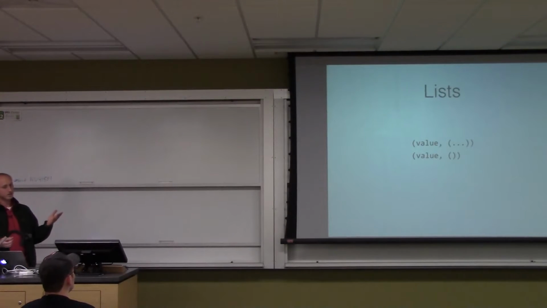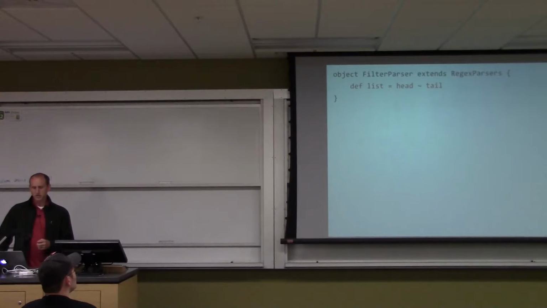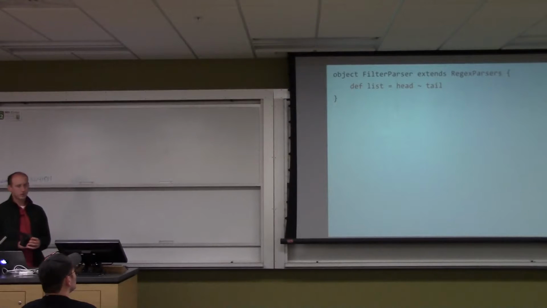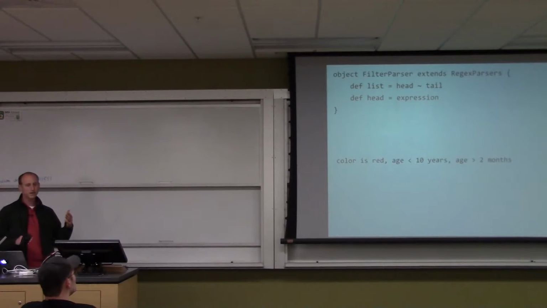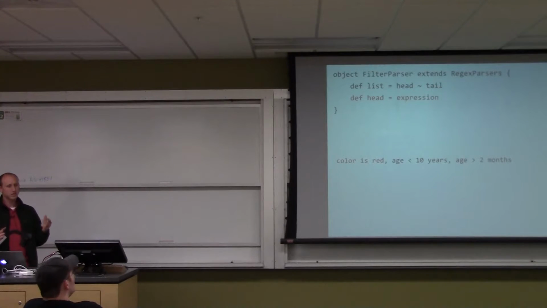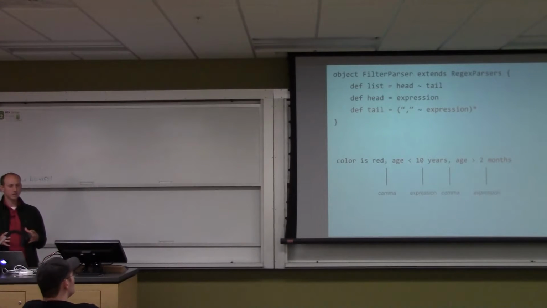Or it can just be an empty list as well. I didn't put that on here, but let's use that idea in our grammar. We'll say that a list is a head followed by a tail, where the head is just an expression, like color is red, and the tail is zero or more of a comma followed by another expression.